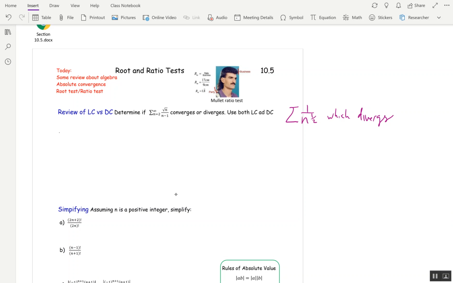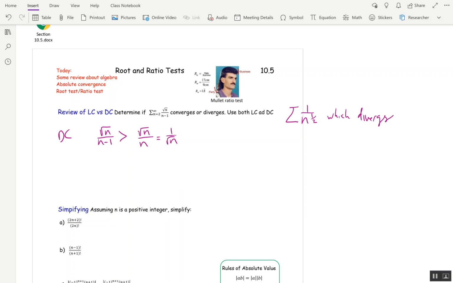So if we use direct comparison, we want to show that the terms are greater than terms from a divergent series. So if I just remove the 1 from the denominator, then I have a true statement, and that's equal to 1 over root n. Notice there's no summation sign here.